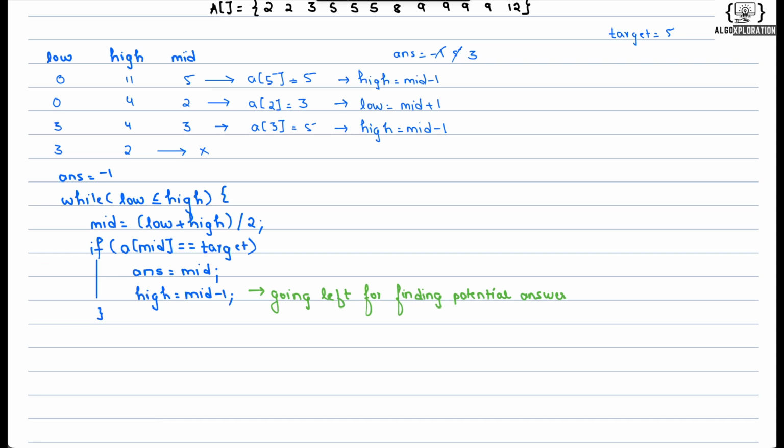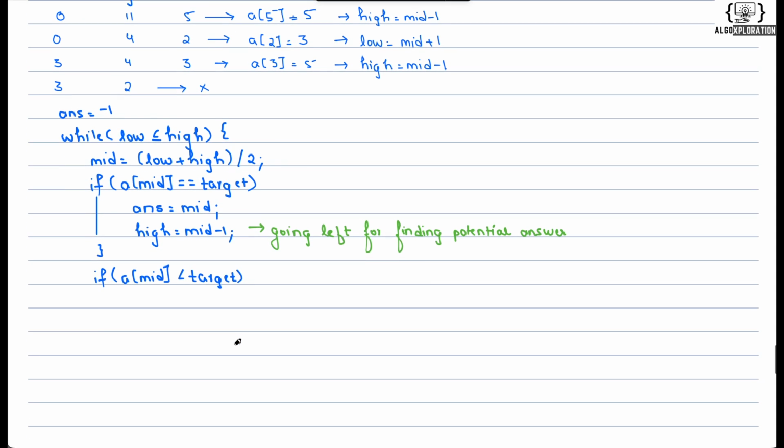Now after that, if a of mid is lesser than target, that means the target is greater, so we have to go on the right hand side.